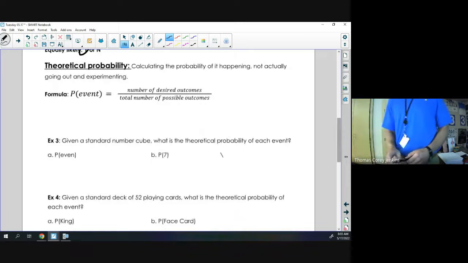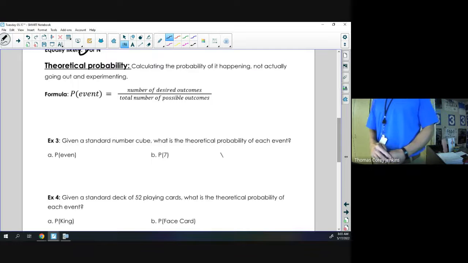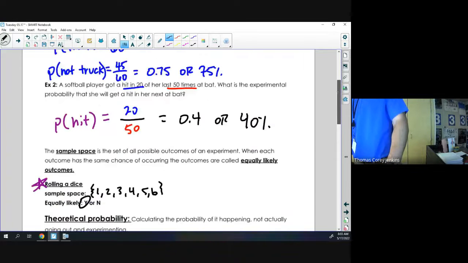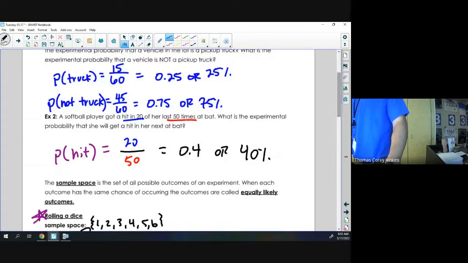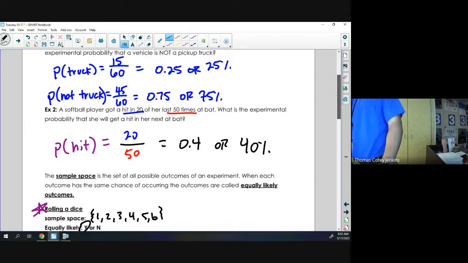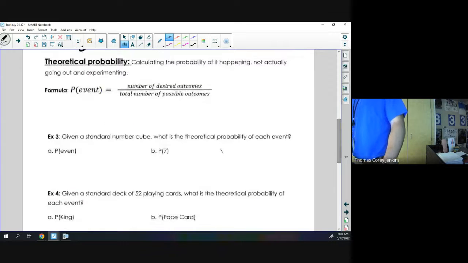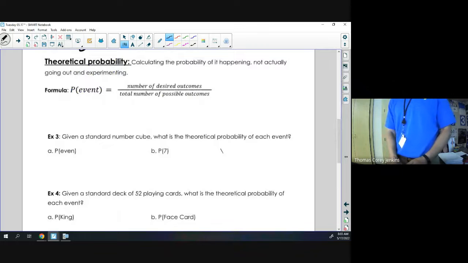All right, so theoretical probability. Our previous examples with the truck and with the hit would be experimental probability, so that's based on actual data. Theoretical is based on calculating the probability of it happening, not actually based on real data.